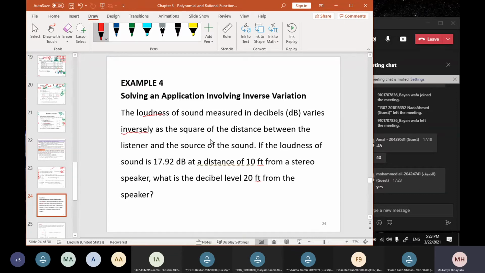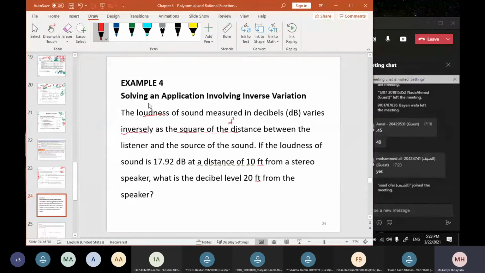That means it is inversely proportional to the square of the distance. Loudness, I can call it A, I can call it L, whatever. Let's call it L. If you want A, put A, no problem.